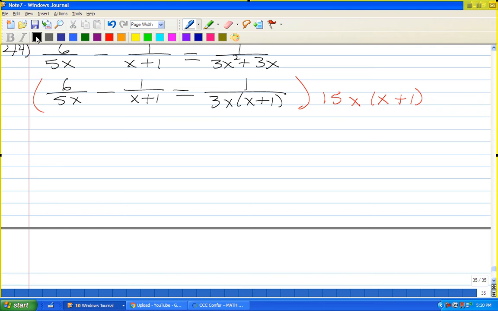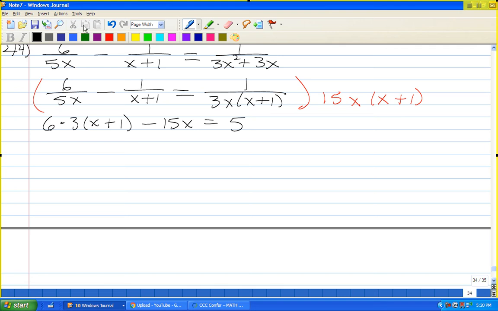And so the 15x, so I have 6. 15x divided by 5x is 3. And I still have an x plus 1 remaining. Minus, the x plus 1's cancel, so you have a 15x. 15x divided by 3x is 5. The x plus 1's cancel.